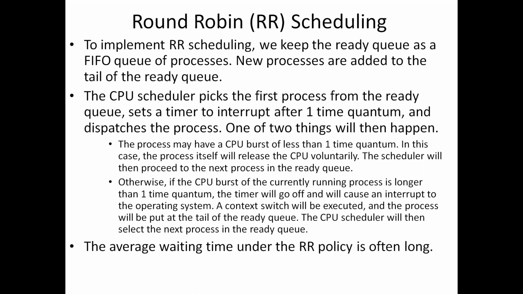One of two things will happen here. The process may have a CPU burst time of less than the time quantum. If the time quantum we have given is 4 milliseconds, but our process burst time is only 2 milliseconds, then after execution for 2 milliseconds, the process itself will voluntarily release the CPU.